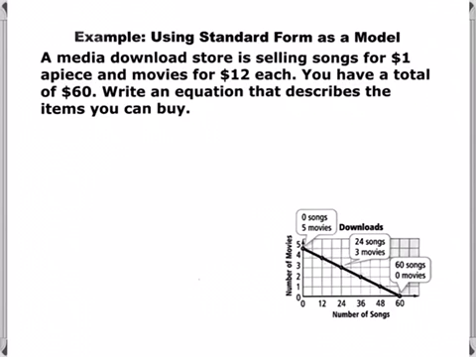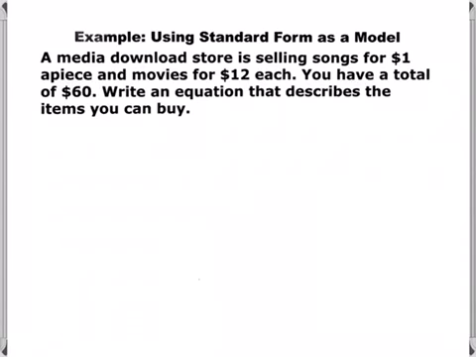A media download store is selling songs for $1 a piece and movies for $12 each. You have a total of $60. Write an equation that describes the items you can buy. So in this case, let's let x equal songs and y equal movies.